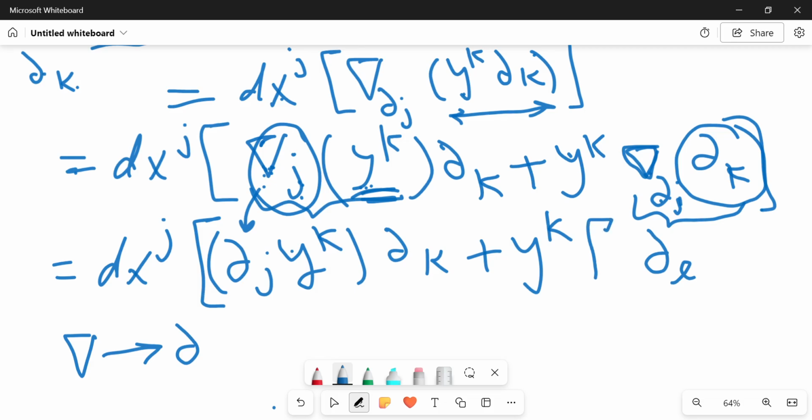gamma. When we have these two, del dj of dk, jk here, this is a Christoffel symbol, or the connection. It connects the connection coefficient jk.